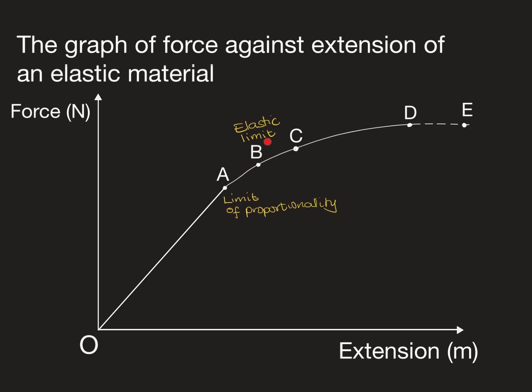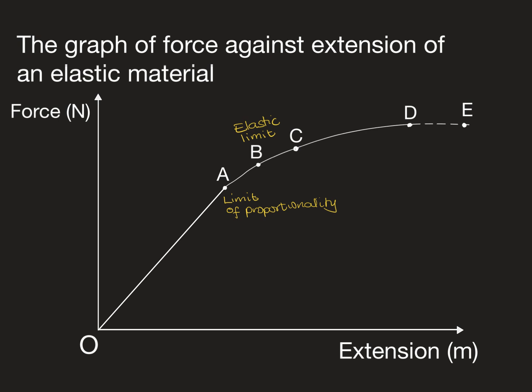So this point is very, very important, because if the elastic limit is exceeded, as explained by Hooke's law, then the object is no more going to have a force that is directly proportional to the extension.